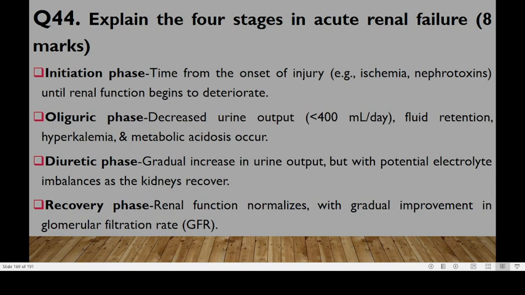One of the complications that can easily develop at this stage is pulmonary edema. Diuretic phase, this is a gradual increase in urine output but with potential electrolyte imbalance as the kidney recovers. Lastly, we have recovery phase where renal function normalizes with gradual improvement in the GFR.